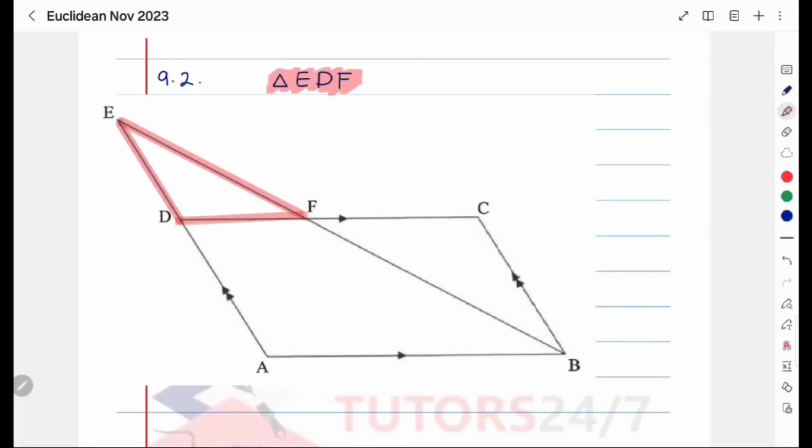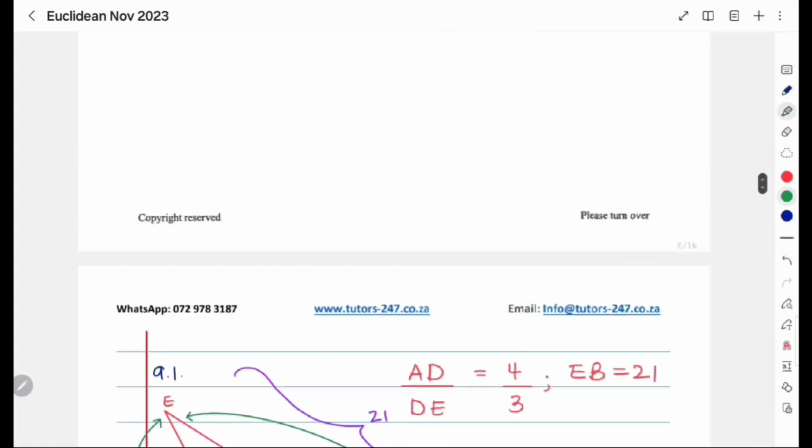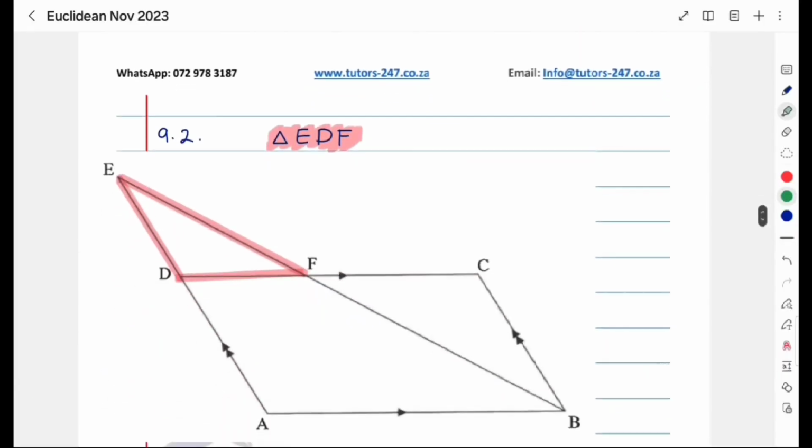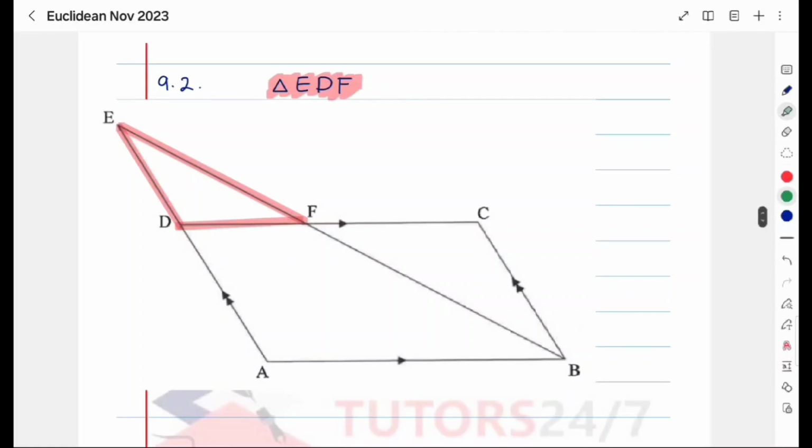Then we have triangle EAB. So triangle EAB is this larger one.